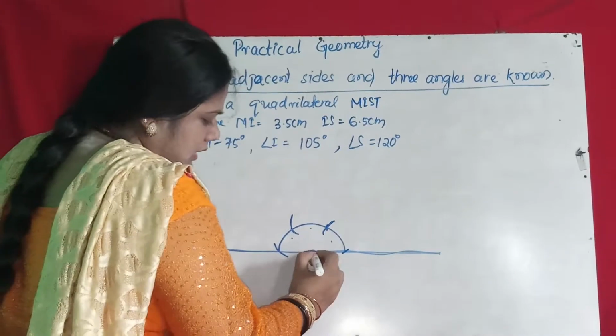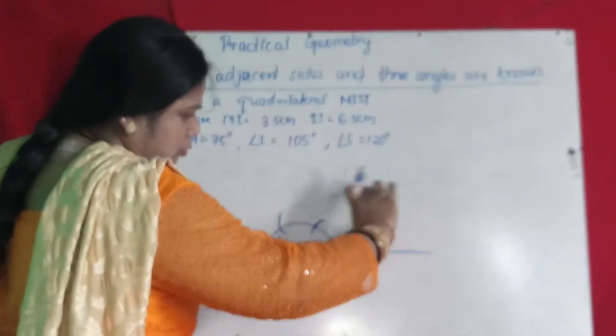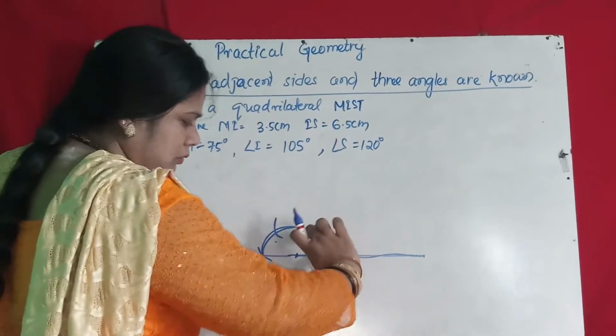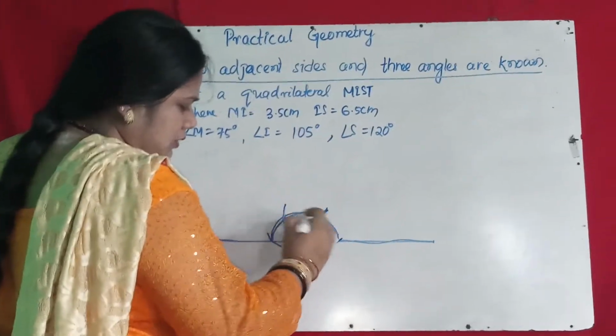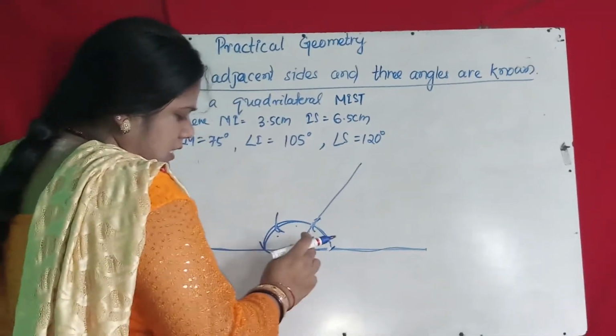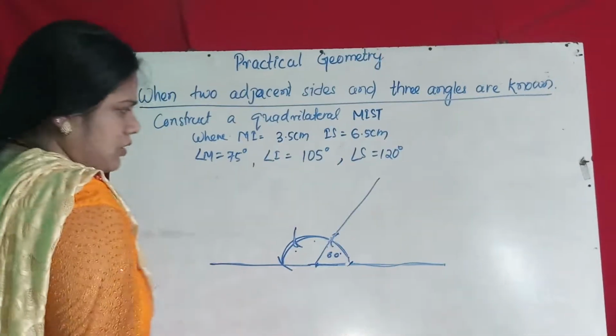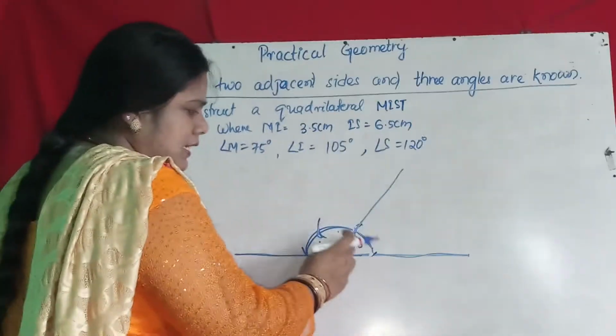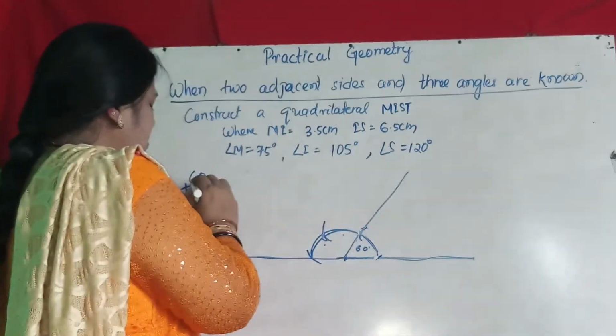From each center, put a half arc, then without moving, another arc, and you get 60 degree. 60, 60, 60, 180 degree. Now 90 degree, how do you get it? 60 plus 30.